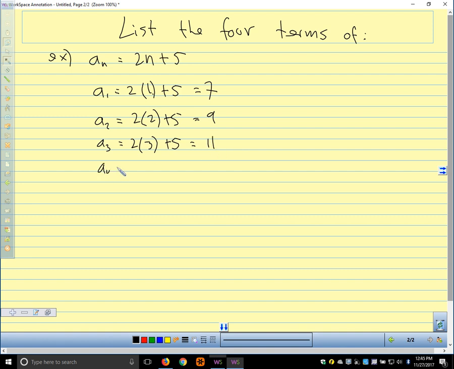And a sub 4, 2 times 4 plus 5, which is 13. So we just plug in our n, and we get our term.